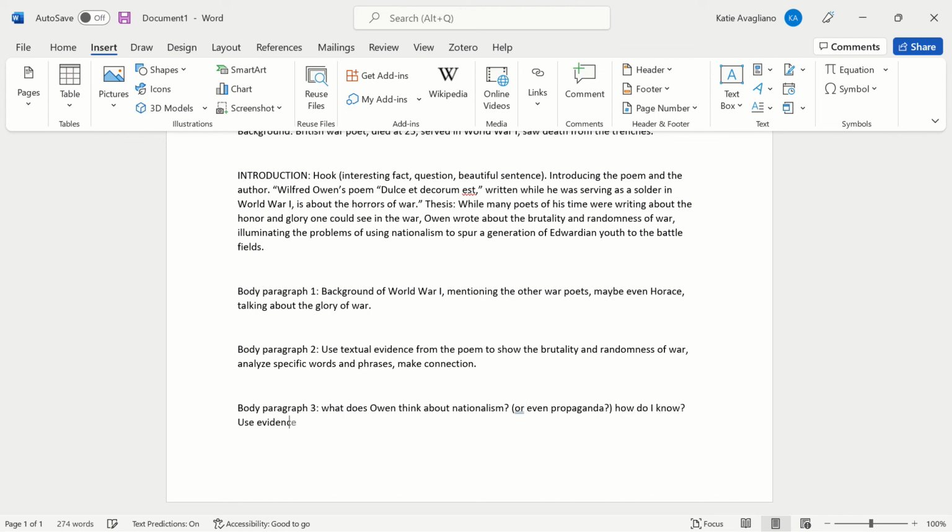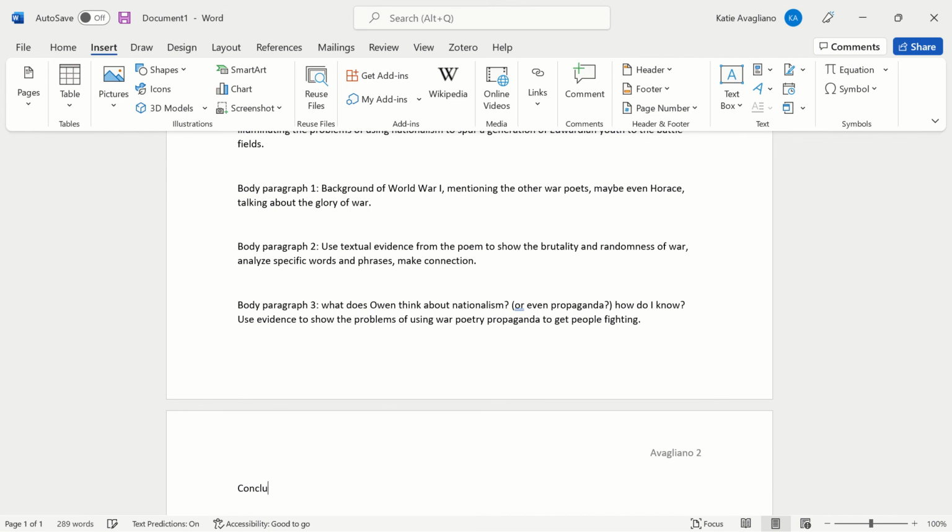Use evidence to show the problems of using war, poetry, propaganda to get people fighting. And this is a really important paragraph because it connects our poem to what was happening at the time and maybe even to what is happening in our world now, because our last paragraph is our conclusion.